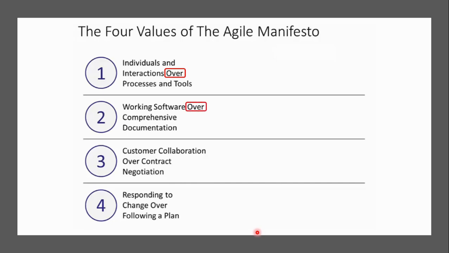Then the second value is to provide working software over comprehensive documentation. In many project management or software development efforts, people go for very comprehensive documentation, user manuals, and other documentation. Even in project management, we learned in the last few sessions how important documentation is.